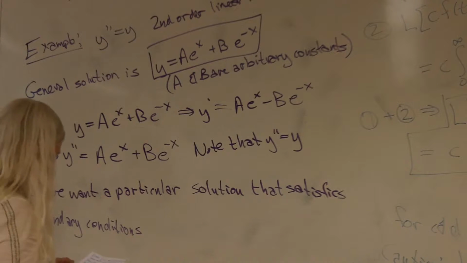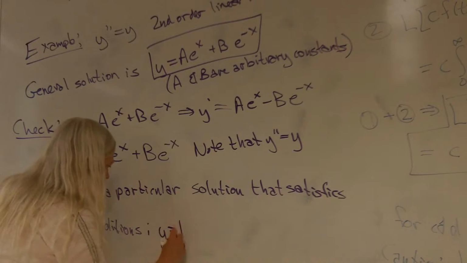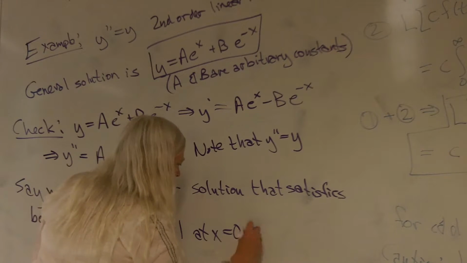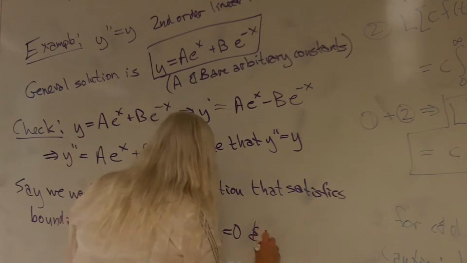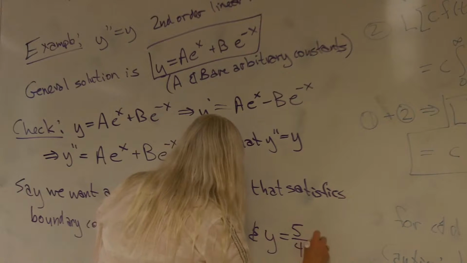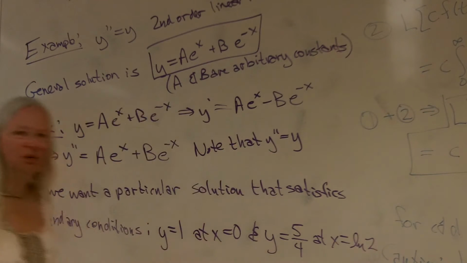Our boundary conditions are that we want y to be equal to 1 when x is equal to 0. And our second boundary condition is that we want y to be equal to 5/4 when x is equal to the natural log of 2. Okay?